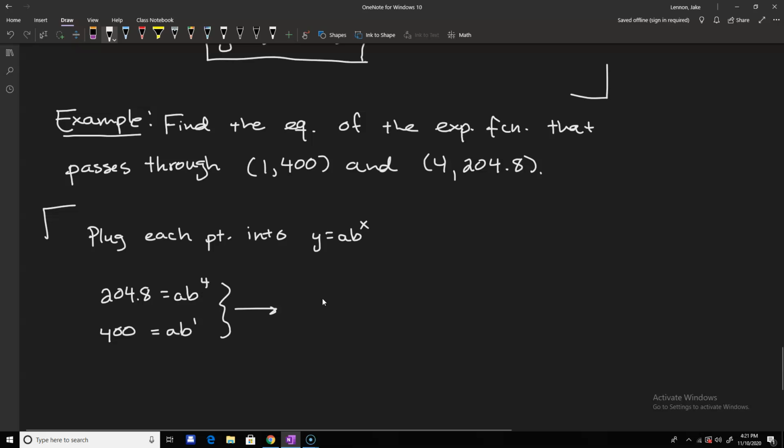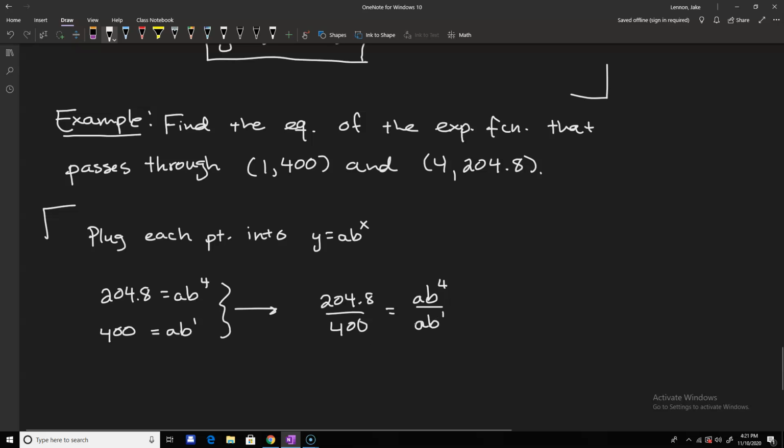So notice what we can do is make one equation out of these. If this system of equations is accurate, it will still be an equality if I take the same numerator and put it over the same denominator. So if I have 204.8 over 400, then I will have the same numerator and denominator if I put ab to the fourth over ab to the first.